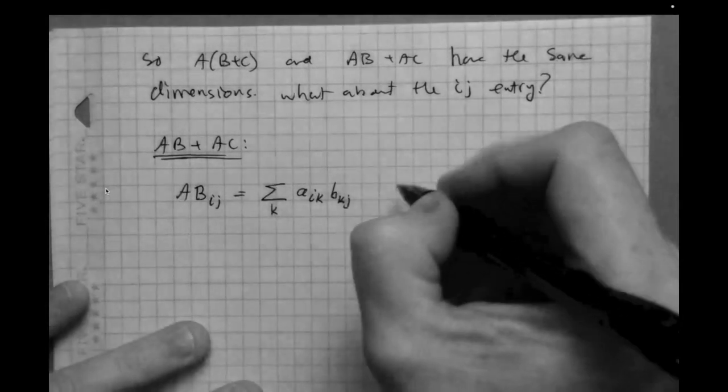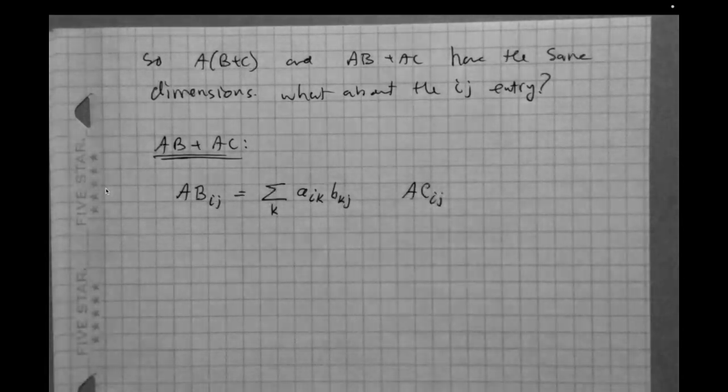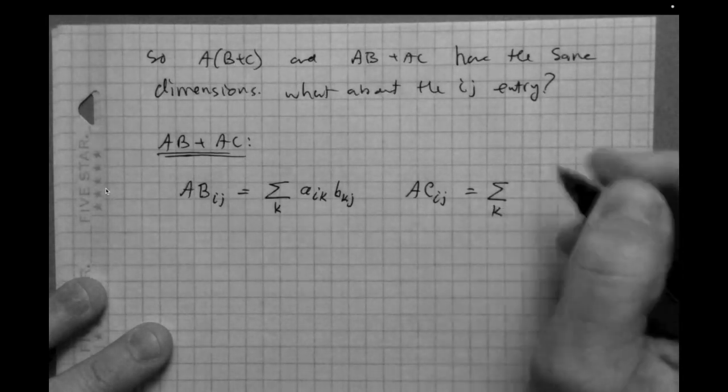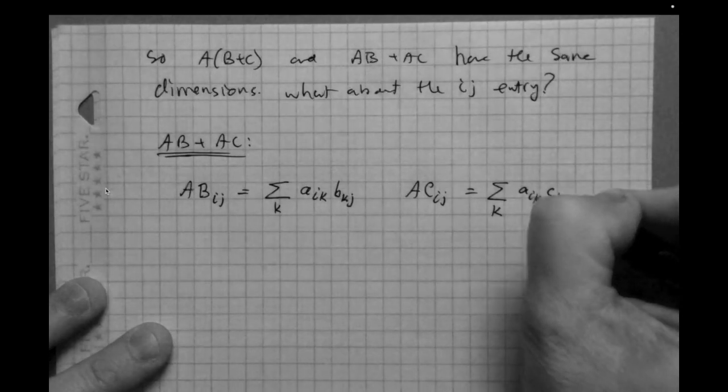Okay, what about AC? What's the ij entry of AC? It's the same thing, right? I mean, it's the ith row of A and the jth column of C. So it's equal to the sum over K of A_ik times C_kj.